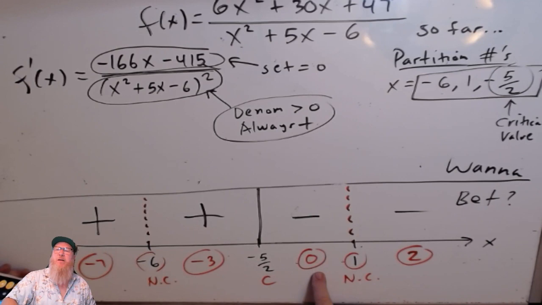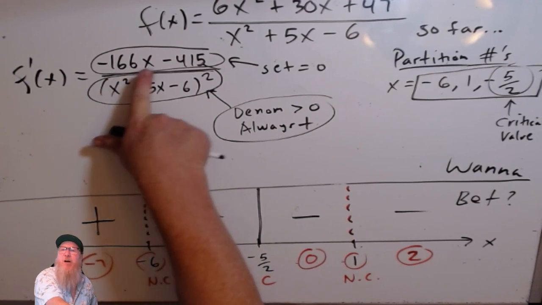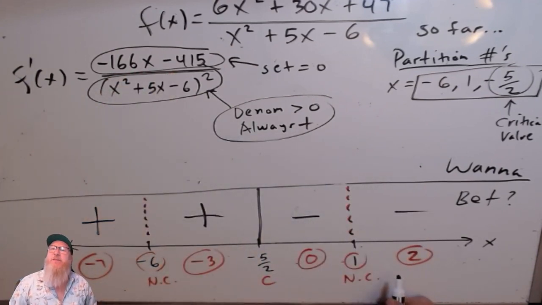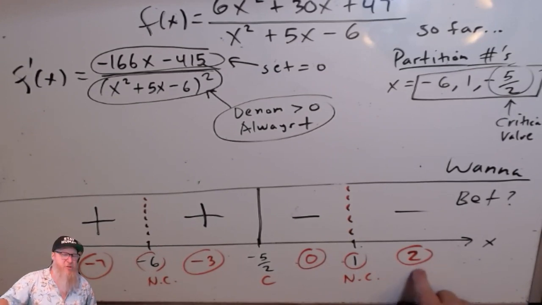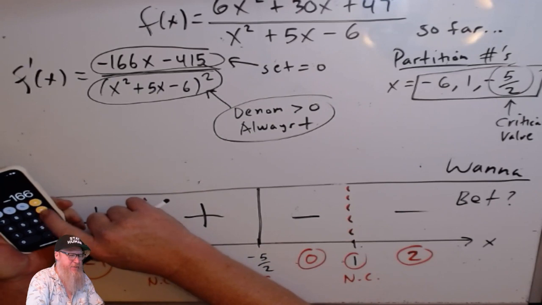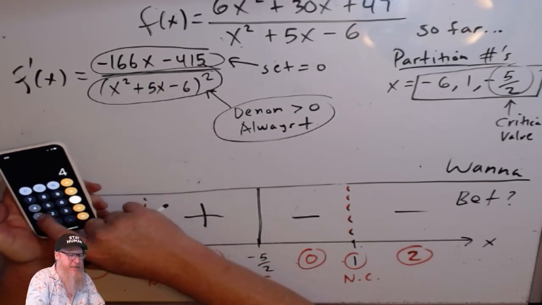Let's try 0. You don't even need the calculator for 0. When you plug in 0, you get 0 and then minus 415. That's negative. Check. Let's do 2. So -166 times 2, and then minus 415.